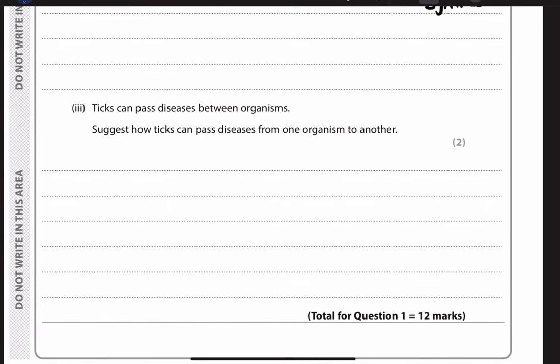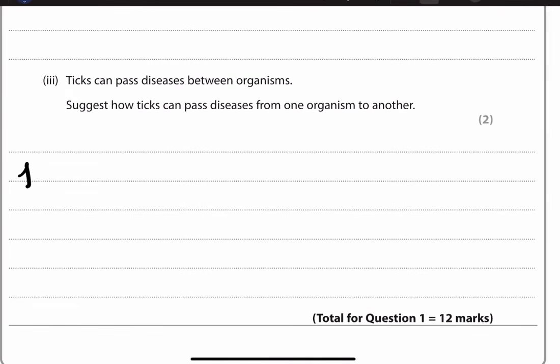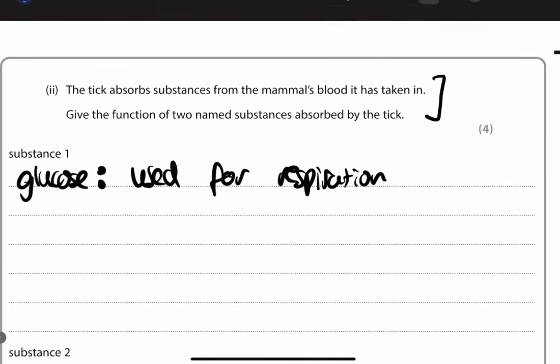Okay, ticks can pass diseases between organisms. Suggest how ticks can pass diseases from one organism to another. Okay, now this is the question on the spread of disease, and it's quite a logical answer. So the first thing that would happen is the tick acquires the disease, because it's passing from one organism to another. So how would it do it? Well, we know a tick takes up blood as described in the previous question.